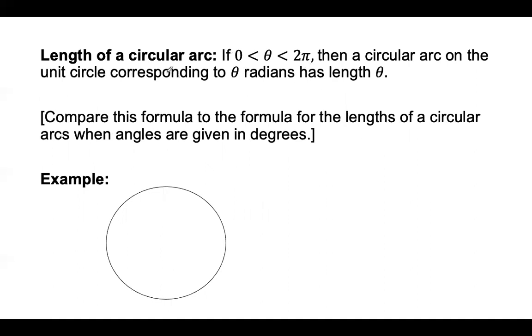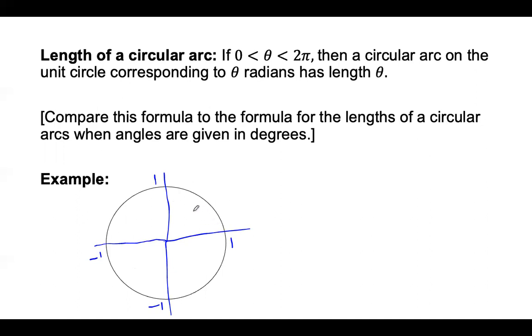Now this is kind of interesting, the length of a circular arc. Suppose 0 is less than theta, which is less than 2 pi. Then a circular arc on the unit circle corresponds to theta radians, and it has the same length. So let's draw the picture. Our unit circle, and this is how they define it.